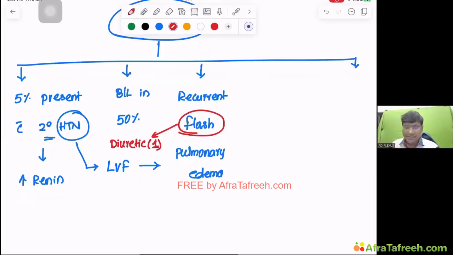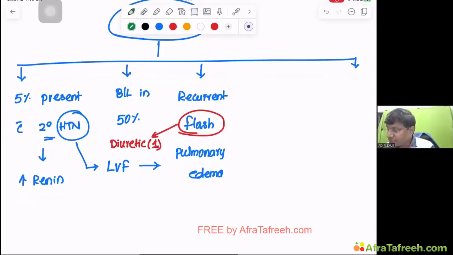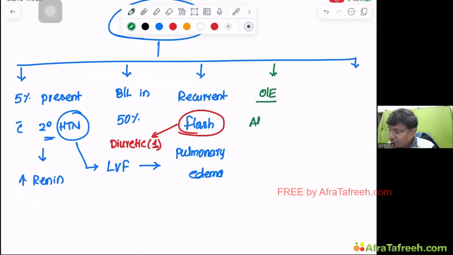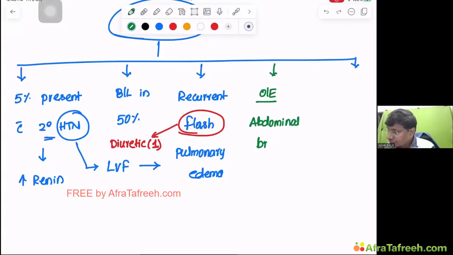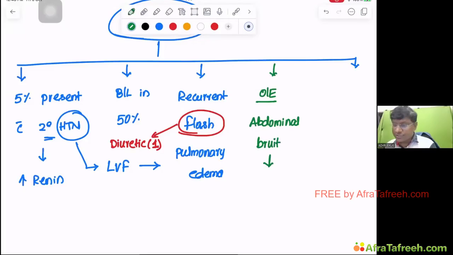Okay. Then, on examination, what will be there in these patients? On examination over the abdomen, you will hear an abdominal bruit. And this abdominal bruit is because of your renal artery stenosis.